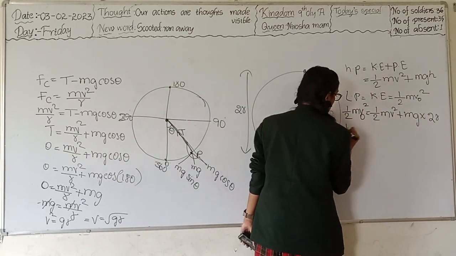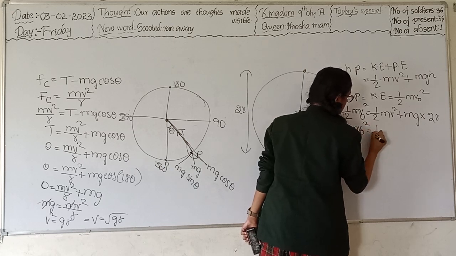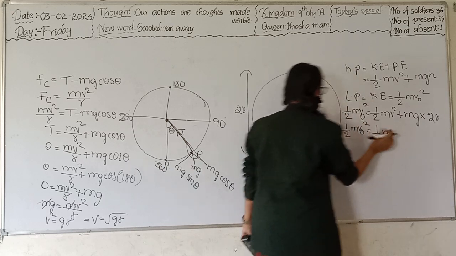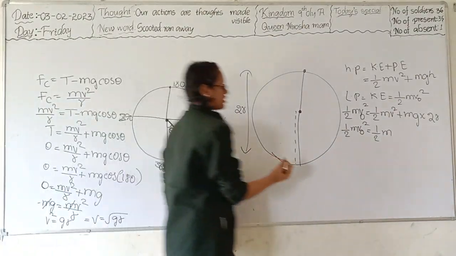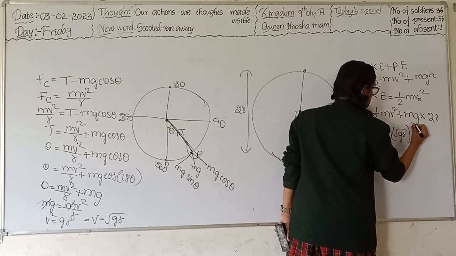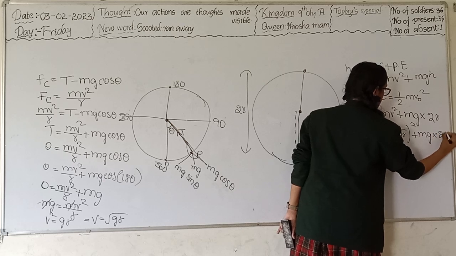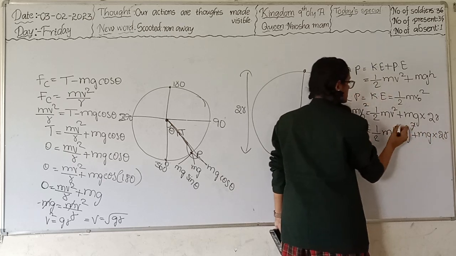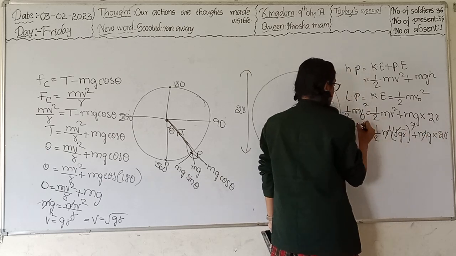We already proved that v is equal to root gr, so half mv naught square equals half m into root gr whole square plus mg into 2r. The root and square get cancelled, and if we take m common, it gets cancelled.